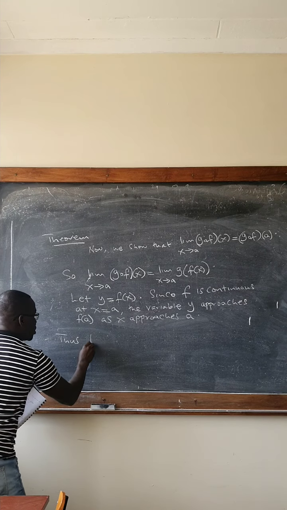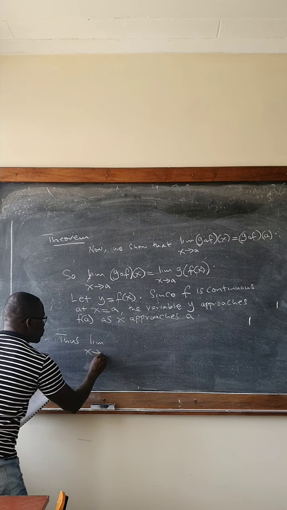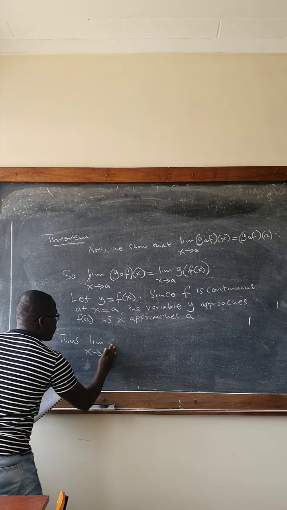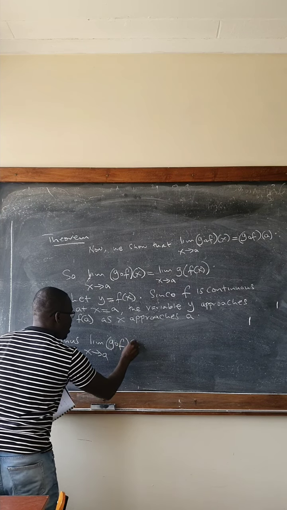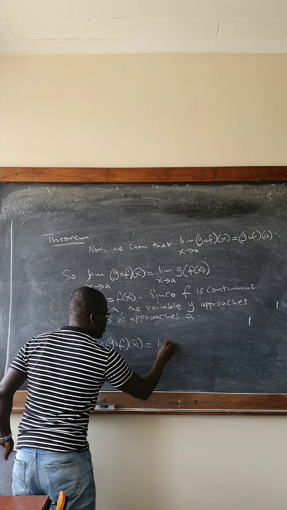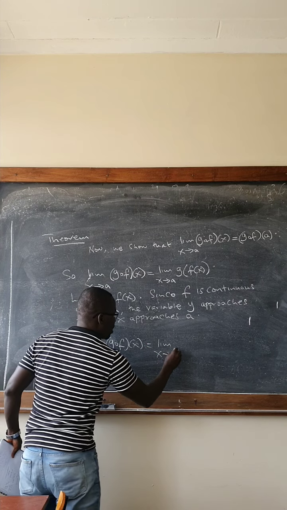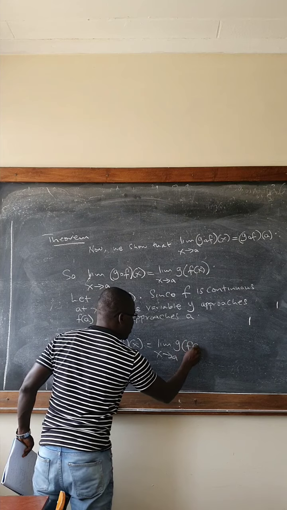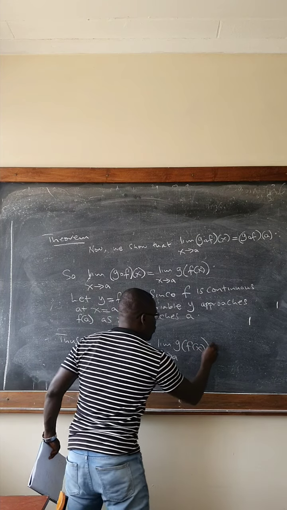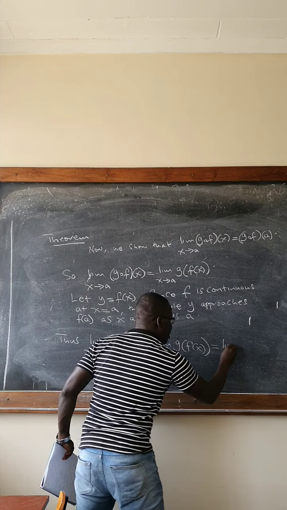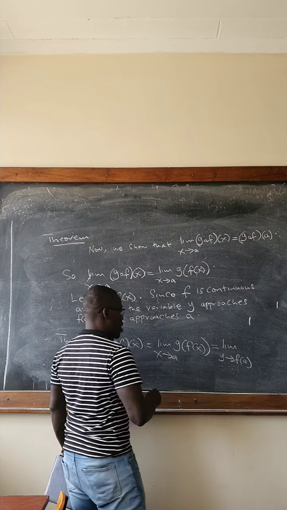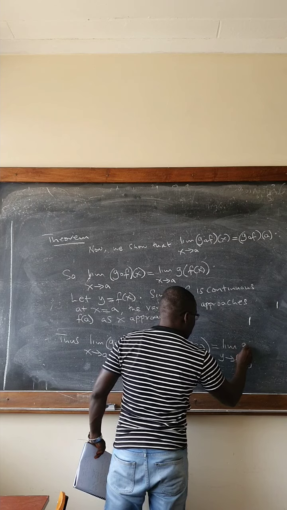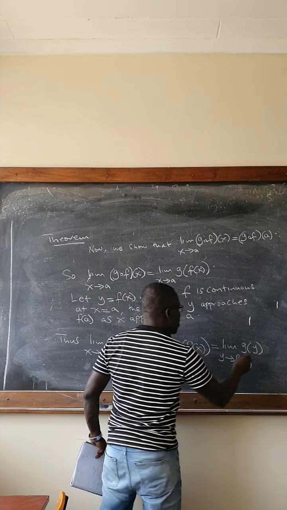Thus the limit as x tends to a of g naught f of x, which was the limit as x tends to a of g brackets f of x, will actually be the same as the limit as y tends to f of a of g of y.